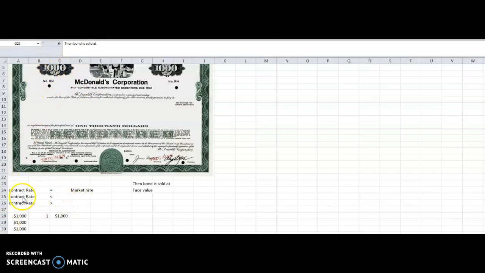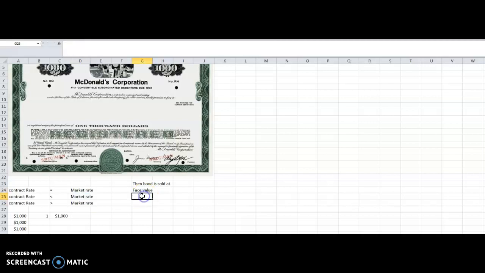Here's what I mean. If the contract rate is less than the market rate, that is, if you could go out into the market and get more money, would you want a McDonald's bond that's paying 4 1/4% if you could go out into the market and get a bond that's paying, let's say, 10%? No, this wouldn't be very attractive to you. So in order to sell it, they have to discount it.